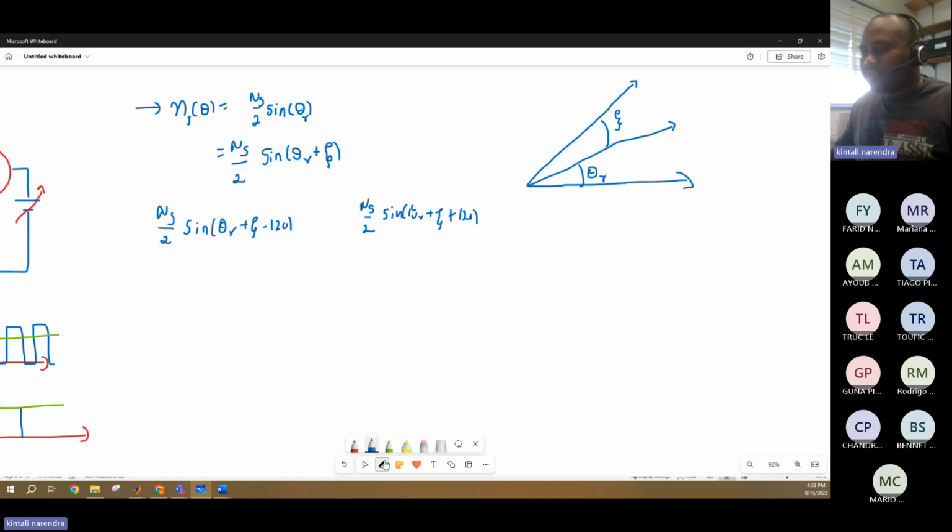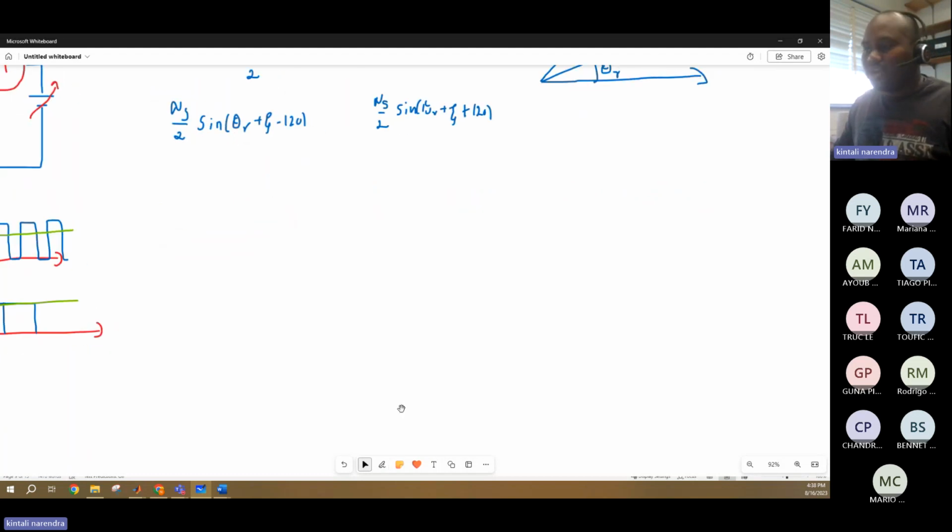I want to normalize it because I'm deriving the torque equation. So the normalized equation will be Ns by 2 sine of theta r plus zeta minus theta p, depending upon the phase. If the phase is 0, then theta p is 0. If the phase is minus 120, theta p is minus 120. If the phase is plus 120, theta p will be plus 120.